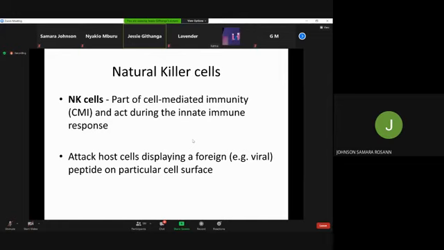The natural killer cells will attack on the cell surface. When the virus causes certain viral antigens or changes on the virally infected cell, this change in antigenic material on the host cell will be detected by the natural killer cells, which will then mediate the killing of the infected host cell.